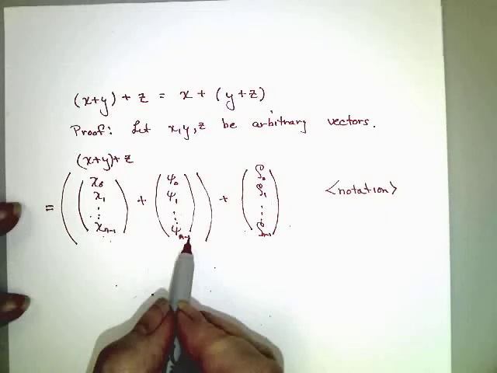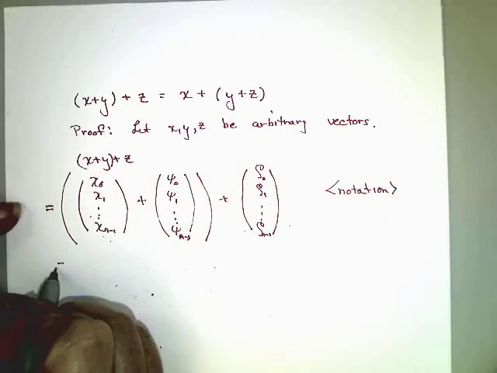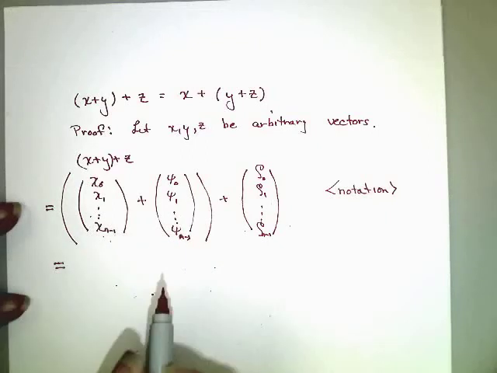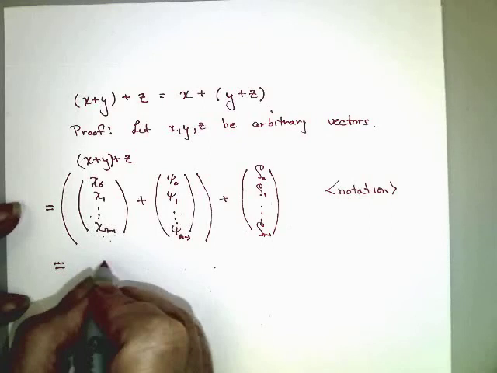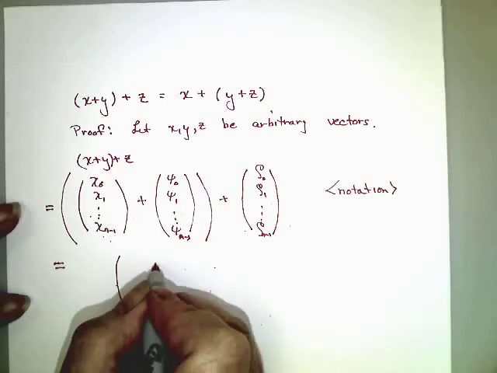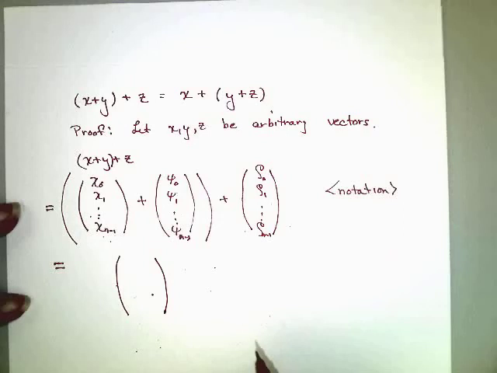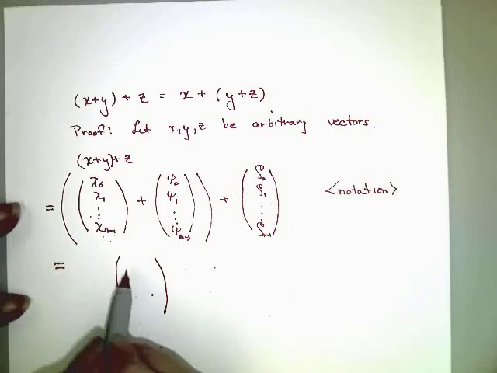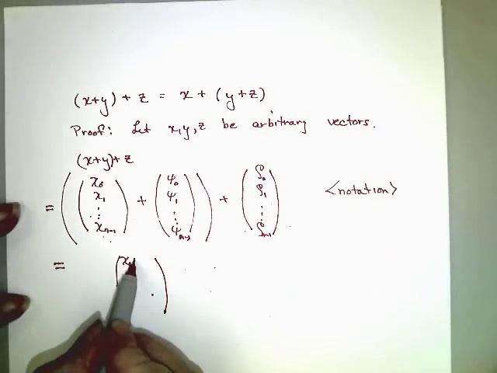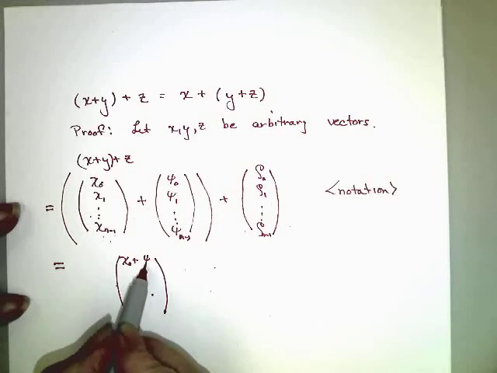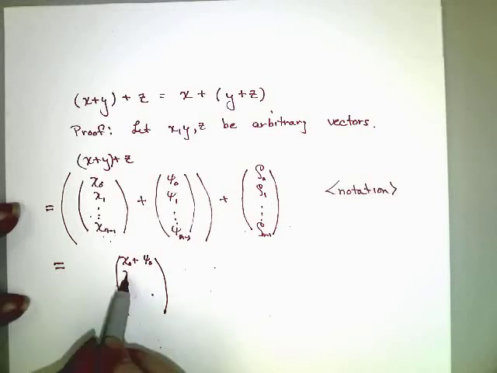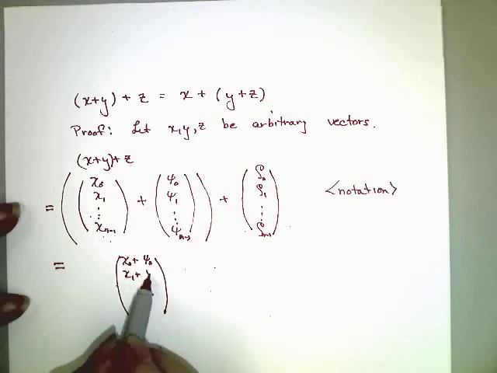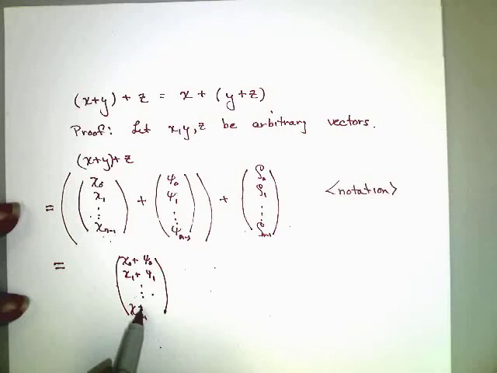Now, if I add these two vectors using our rule, I'm going to end up with a column vector of size n with components chi 0 plus psi 0, chi 1 plus psi 1, and so forth, chi n minus 1 plus psi n minus 1.